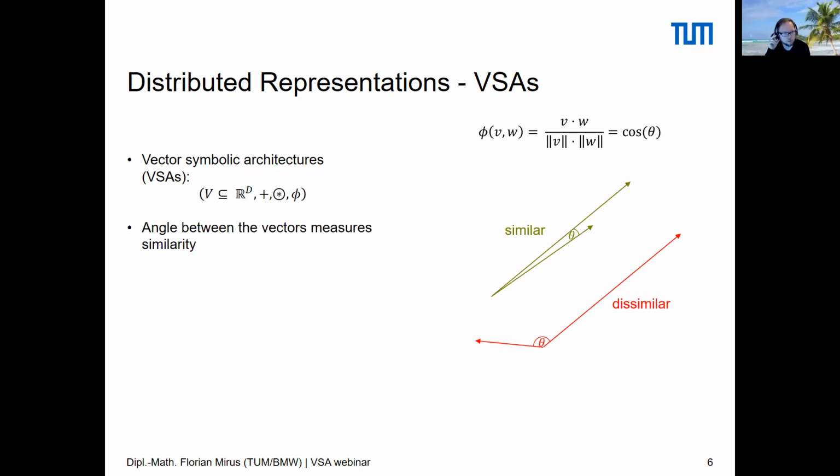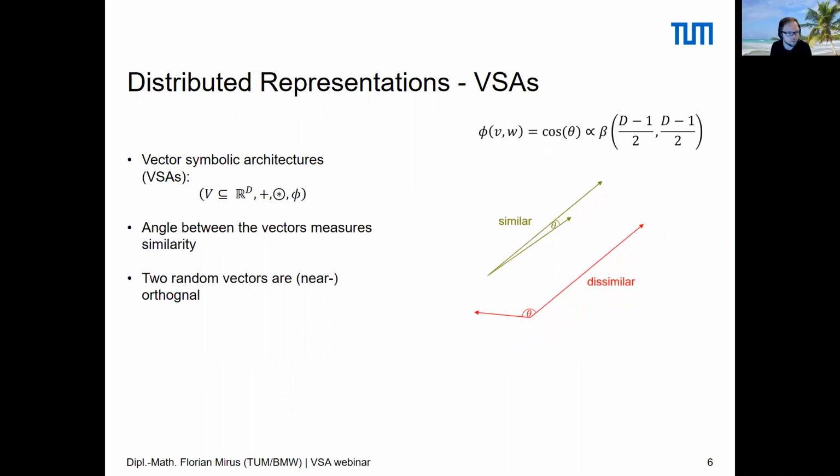That means I have a subspace of a real-valued vector space, element-wise addition and circular convolution, and the angle between the vectors, or the cosine similarity, is used as a measure of similarity. So vectors with a small angle between them are considered similar, and a large angle are considered dissimilar.